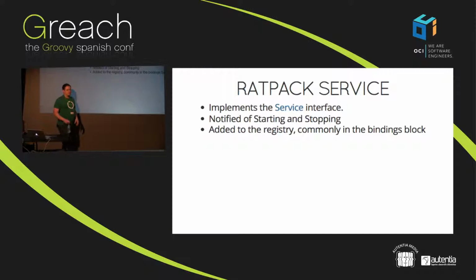A Ratpack service is a top-level concept in Ratpack, but it doesn't need to be used. The only reason you need to use a service is if you need to be notified of the starting or stopping of Ratpack. A really good example is Cassandra.